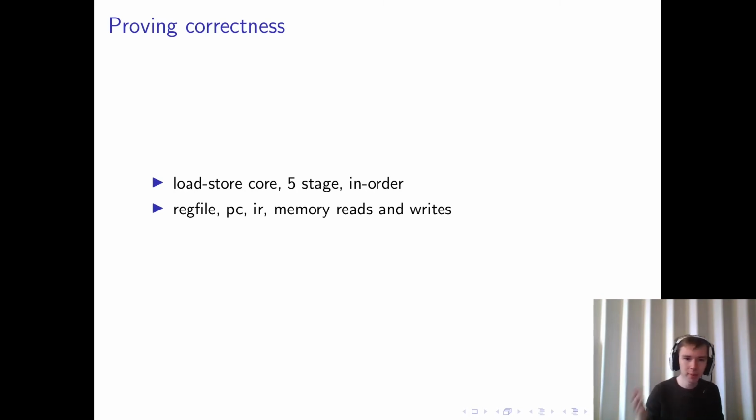The properties we were able to specify ranged from changes of the register file based on the instruction that was executed, to the program counter, the instruction register, and commits, which say which operation is done, but also the addresses of memory reads and writes, as well as the values that are written to memory, could be verified.